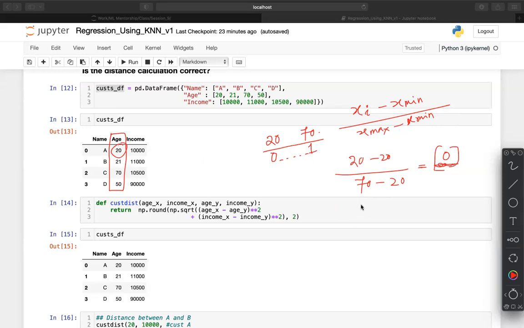And if you are 21, then it will be 21 minus 20 divided by 70 minus 20, so it will be 1 divided by 50. And if you are 50 years old, it will be 50 minus 20 divided by 70 minus 20, so that will be 30 divided by 50. And of course, if you are 70, it will be 70 minus 20, which is equal to 1.